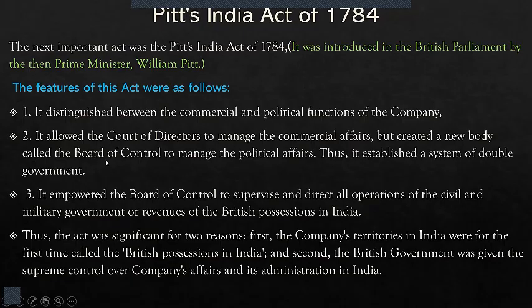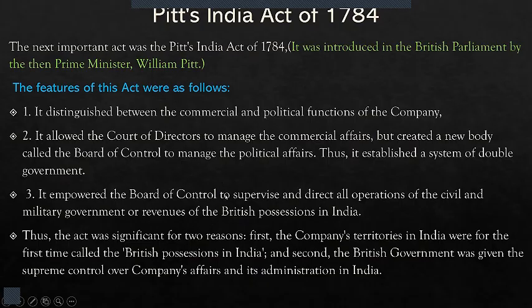Okay, so there was the Court of Directors who would manage the commercial affairs of the company, and there was a new body, the Board of Control, which would manage the political affairs. Okay, so this was called a double government. It empowered the Board of Control to supervise and direct all operations of the civil and military government or revenues of the British possessions in India.